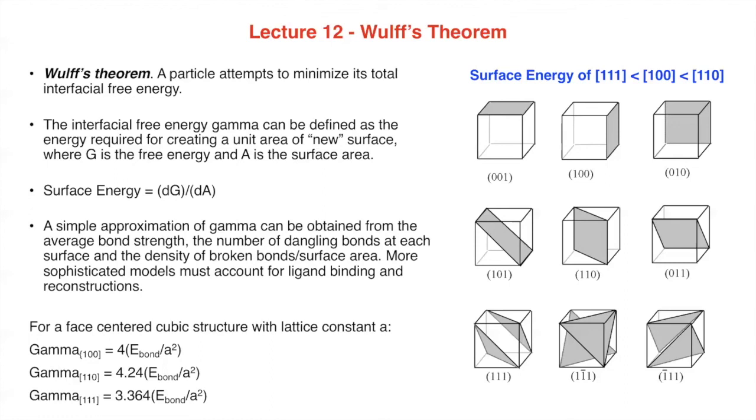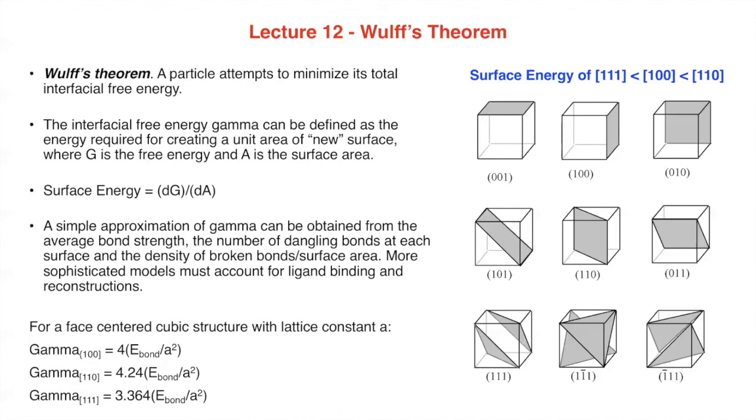And so if you compare the 100 and the 111 facet, the two that are important for making octahedra and cubes, there is, what is that, 0.6. So you're talking about a 20% difference in energy between those two facets, that is all dictated by the number and density of dangling bonds on those two surfaces.